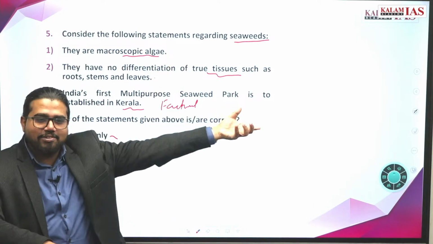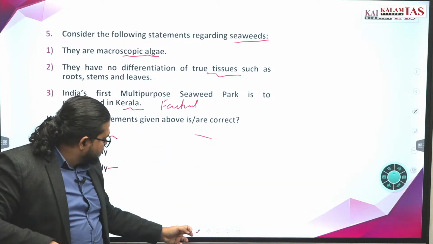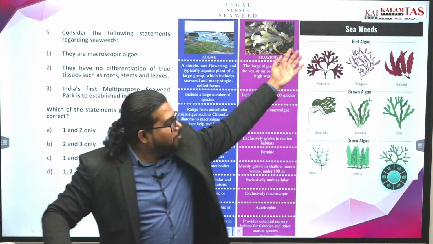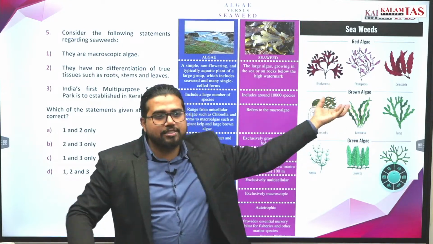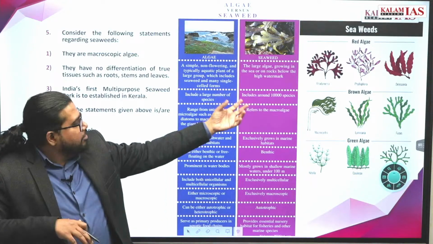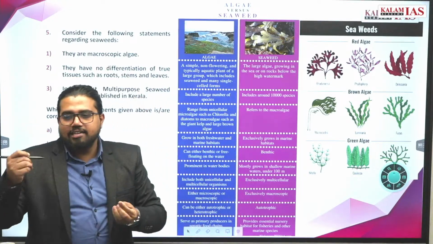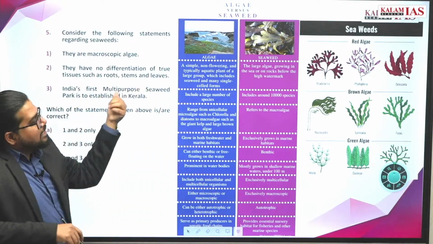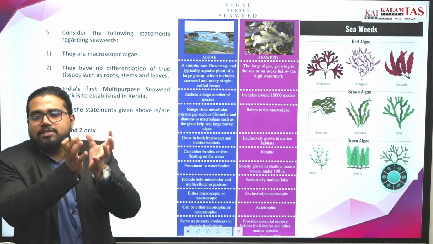Macroscopic algae is itself a seaweed. And what exactly is seaweed? These kinds of plants you can see in water. They don't have specific roots, a fully developed plant structure is not there. Even though you can see some kind of structure, a fully planned system of roots and leaves is not that well established in seaweeds. They are algae clubbed together to form some kind of bigger structure.